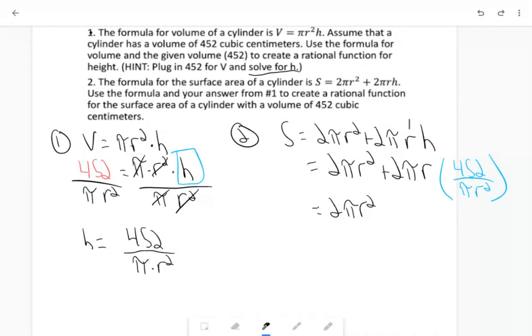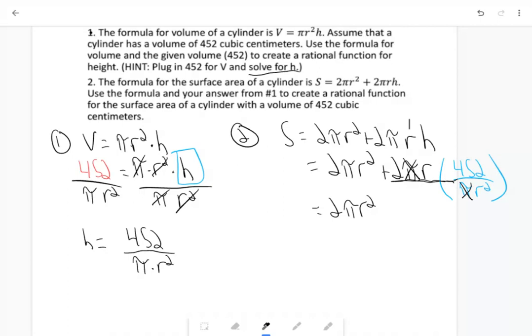Notice I have a pi in the numerator and a pi in the denominator. What do you think those two things do to each other? Those things cancel out.